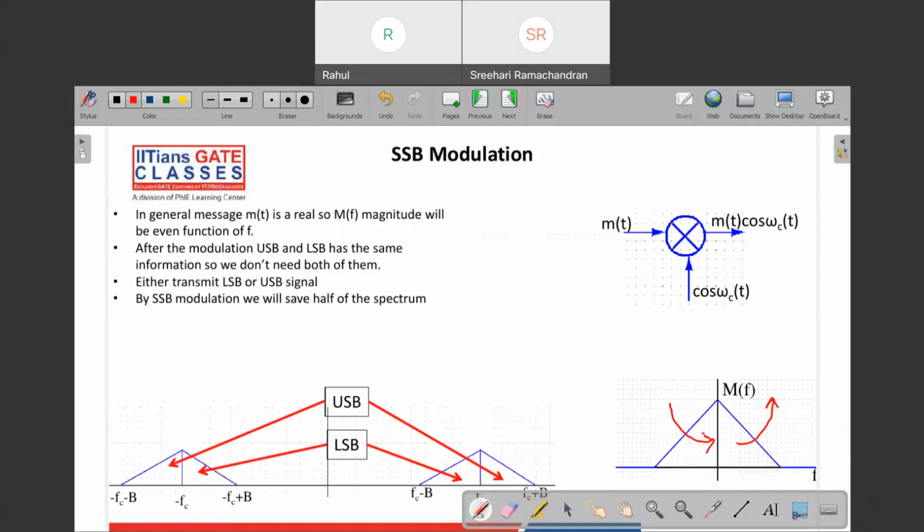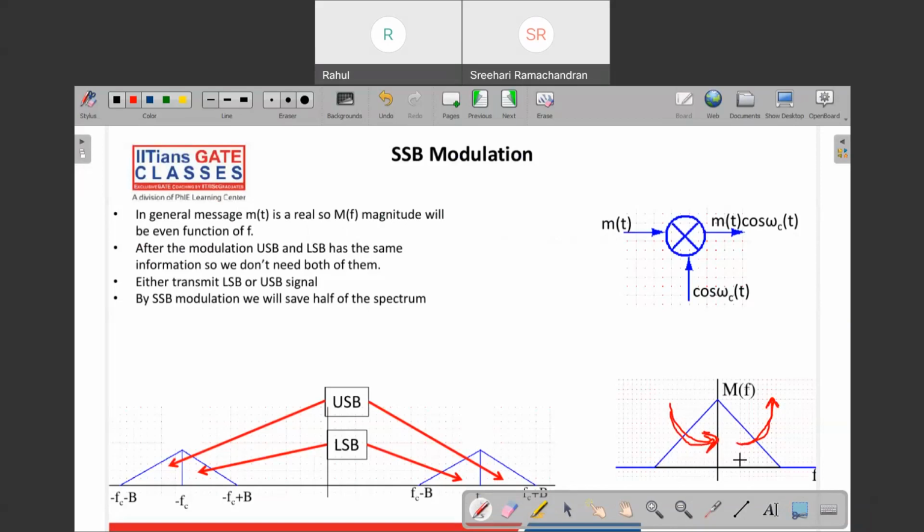Okay, if you remember from the Fourier transform property, if you have any real signal, its magnitude spectrum will be an even function of omega or f, and its phase spectrum will be an odd function of f. So whatever information you have at the positive frequency, the same information you'll get from the negative frequency also. Okay.